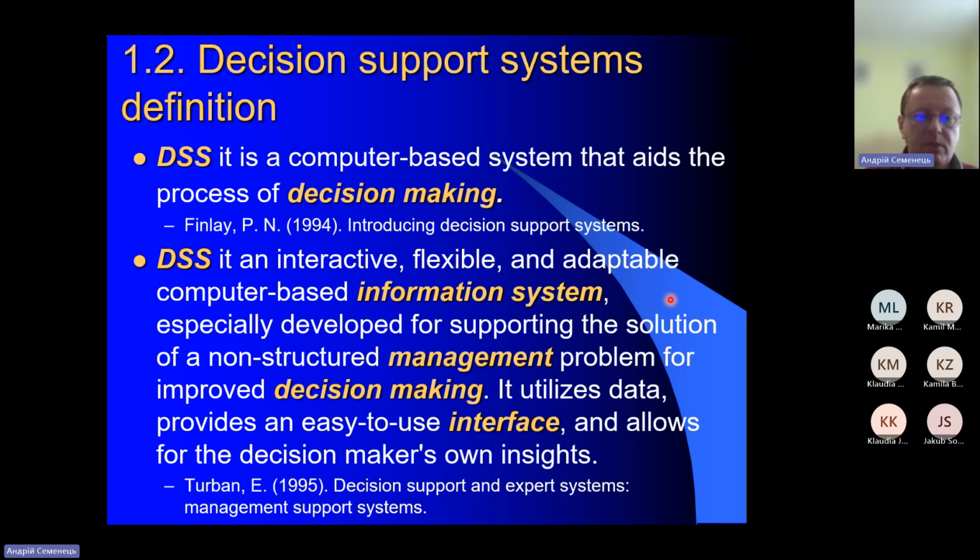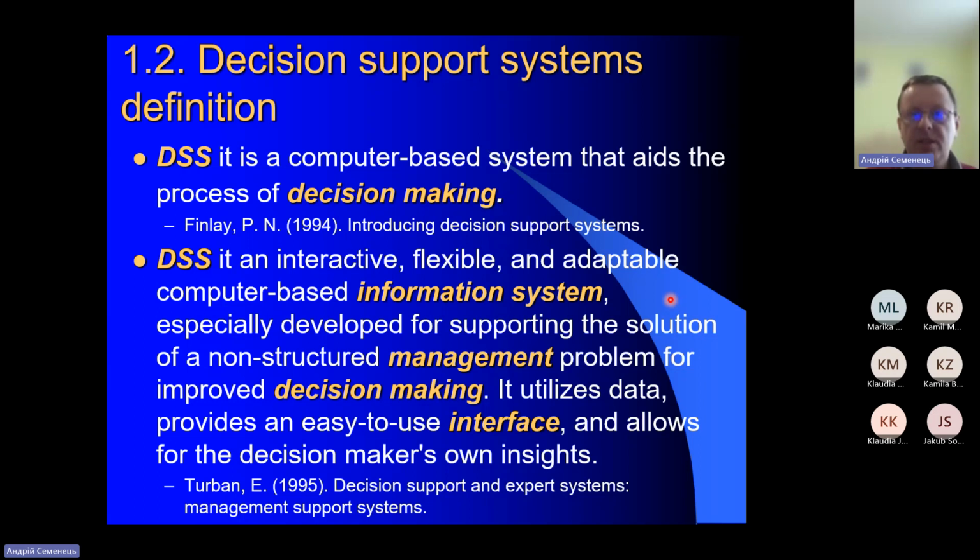A somewhat more extended definition of DSS could be an interactive, flexible, adaptable, computer-based information system, especially developed for supporting solutions to non-structured management problems, for improved decision making, utilizing data, providing an easy-to-use interface, and allowing for the decision maker's own insight.